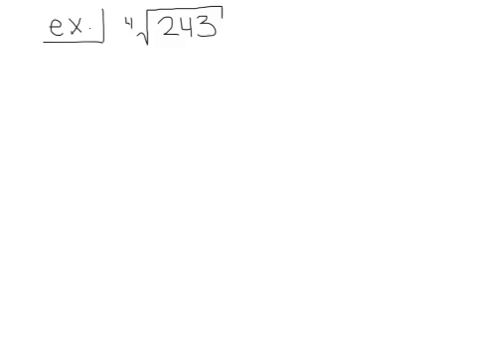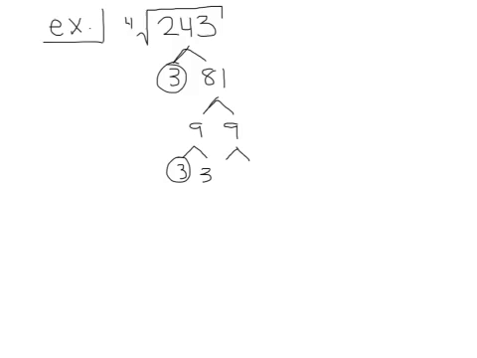So we're going to start prime factorizing 243. And now I'm going to just work a little more quickly, okay? So we have 243. I know that that is going to be 3 times 81. Circle the 3. 81 can be broken down to 9 and 9. And each of these 9 will be prime factorized to 3 times 3.